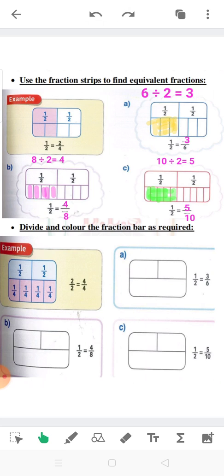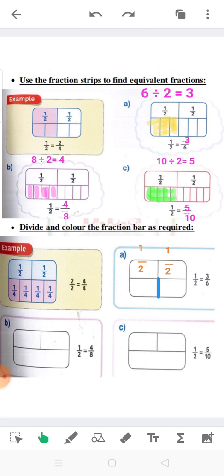In this question, divide and color the fraction bar as required. So I'm gonna divide it. This represents a half. Each part of those parts represents a half. We write a half. Look here, I need to represent 3/6. So I'm gonna divide or cut this bar model into 6 equal parts.